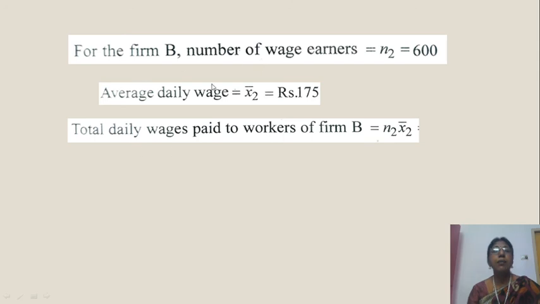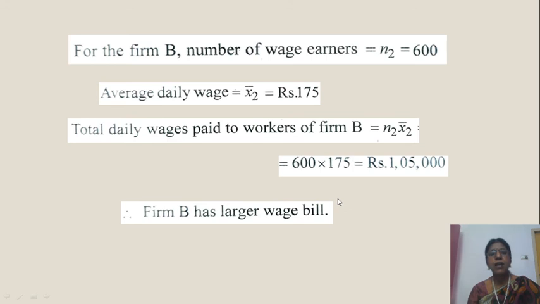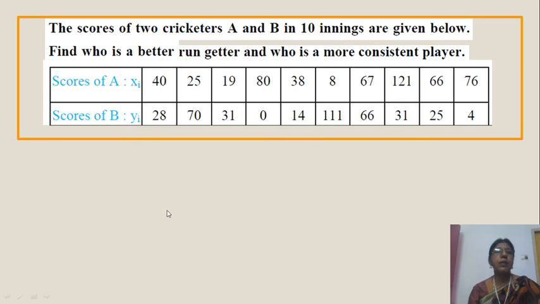Now the total bill is average into number, N2, you get 1 lakh. So which has the larger bill? B has the larger bill, because A's total bill is 90,000 plus, but here 1 lakh plus is there. So form B has the larger bill.